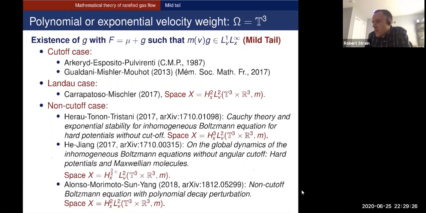And then there's a bunch of results in this direction. For example, for the Landau equation, there's a paper by Carrapatoso and Mischler, and for the non-cutoff Boltzmann equation, there are these papers by Harrao, Tanan-Srisakani, He, Jiang, and Alonso, Sun, and Yang. Many of these are published now, but there's a URL where they are on the arXiv. And they can prove mild tail in velocity, global existence of solutions to the Boltzmann equation.